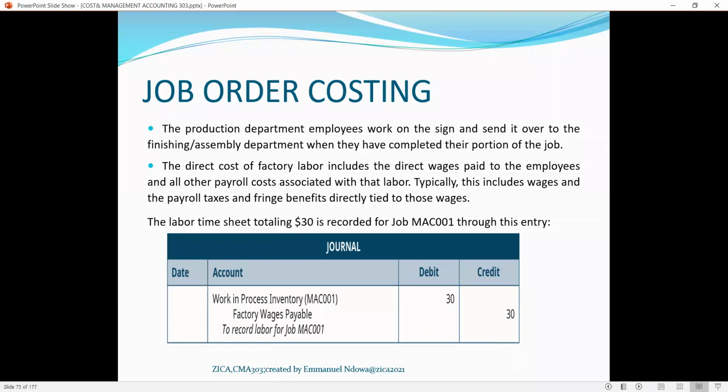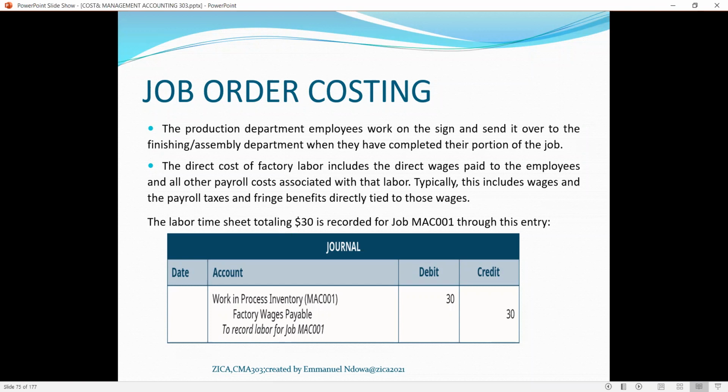Can you see what has happened here? We now have our materials. We've now transferred our labor to the work in process inventory. We are left with another component now, which is the manufacturing overhead. We now then need to see how we are going to treat the manufacturing overhead.